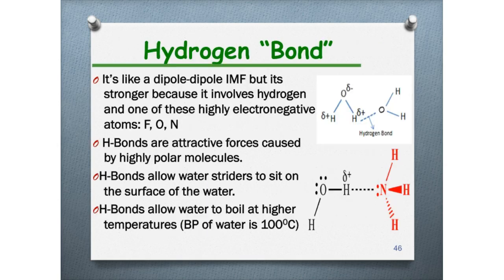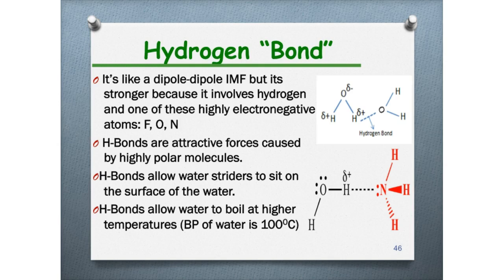Whenever you do have oxygen or nitrogen or even fluorine, it's no longer called a dipole-dipole, it's called a hydrogen bond because it's stronger. It's like a dipole-dipole force, but it's stronger because it involves hydrogen and one of these highly electronegative atoms. And they occur between polar molecules.